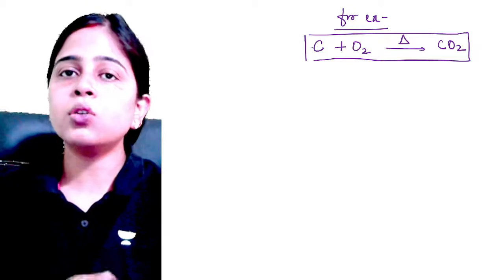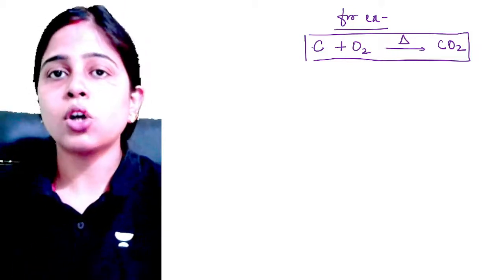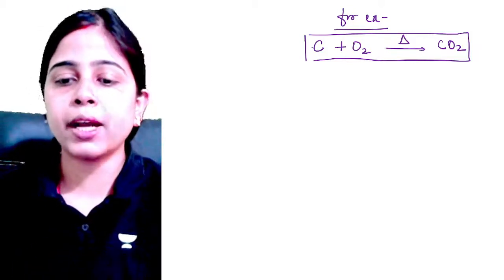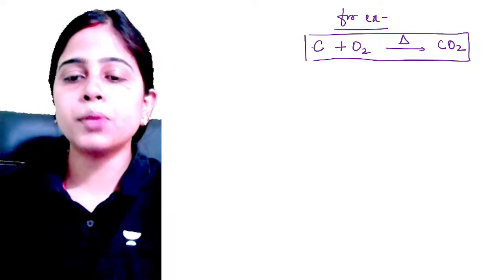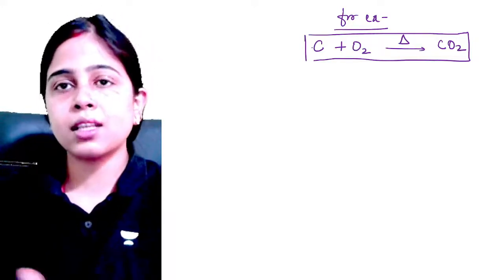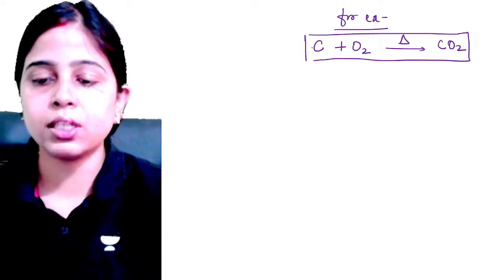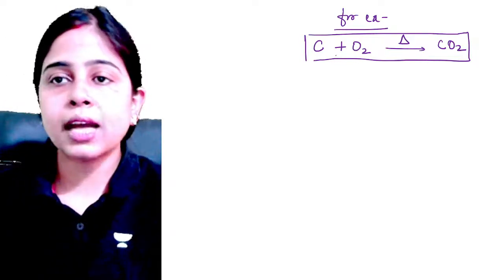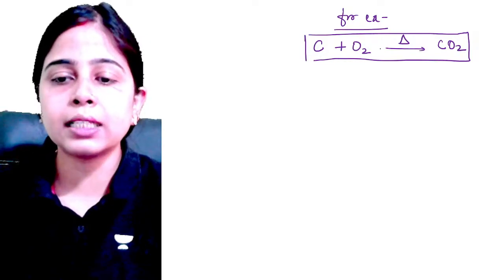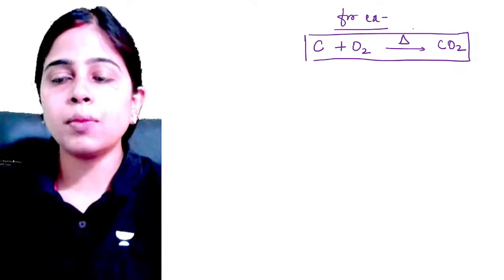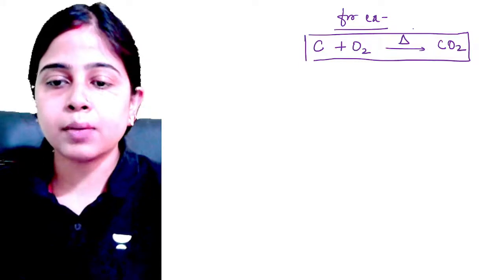Because here two or more elements or your compounds are combining together to form a new product. That's why it's known as synthesis reaction also. That means synthesis of something is taking place. Now this is the reaction where your two elements are combining together to form a product. Okay. That is a compound.